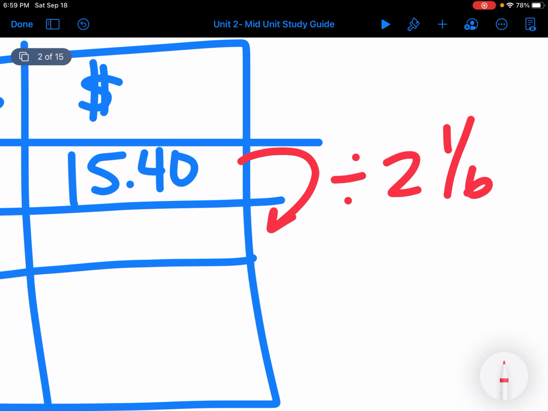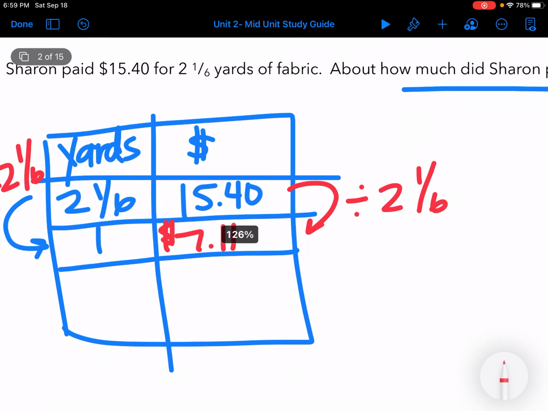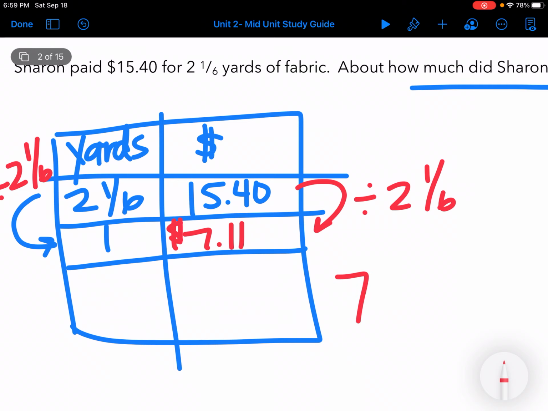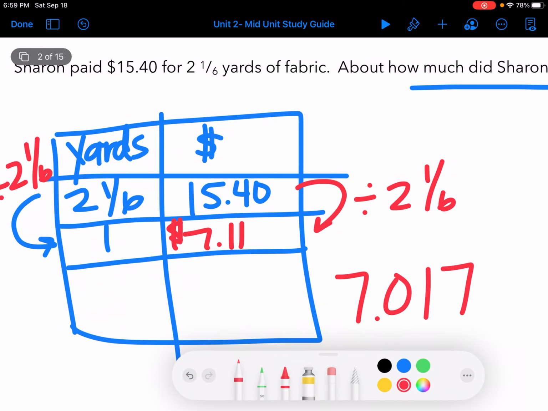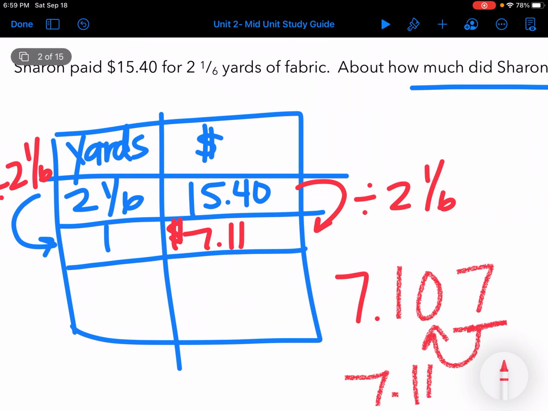And I get 7.107. So it's going to be about $7.11 per yard. I had to round because I got 7.107. The 7 tells the 0 to round up, so that's how I got $7.11.